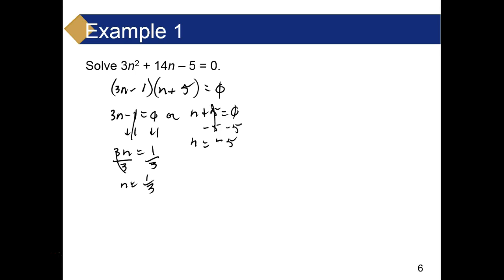Okay, so you have 3 times 1/9. And what is 3 times 1/9? Well, we'll get there in a minute. Plus, and 14 times 1/3 would be what? 14 times 1/3 would be 14/3. Okay, very good. Minus 5.